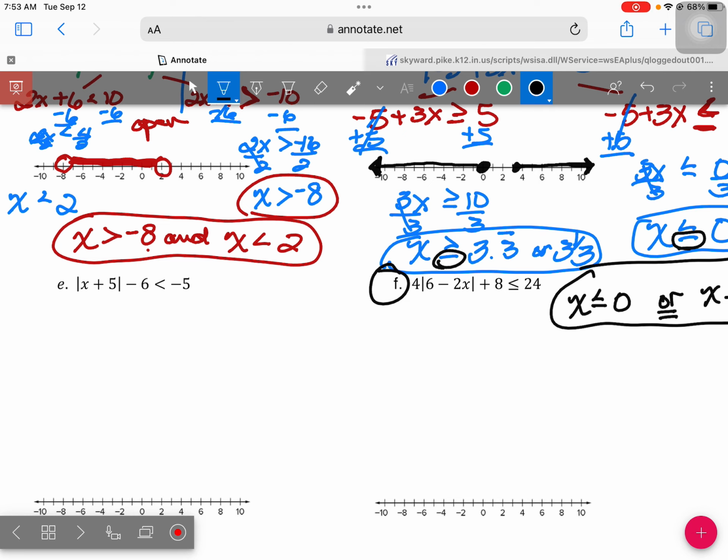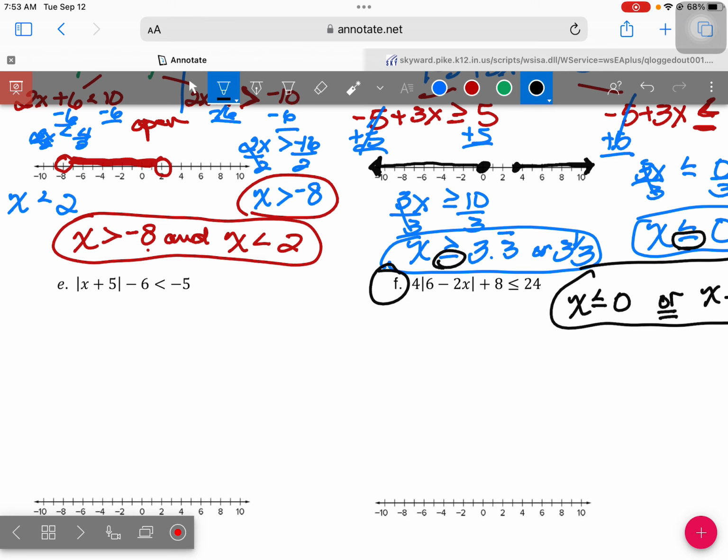So this is a positive 8, so you would subtract 8 from both sides. And 8's cancel out. And 24 minus 8 is going to give you positive 16.